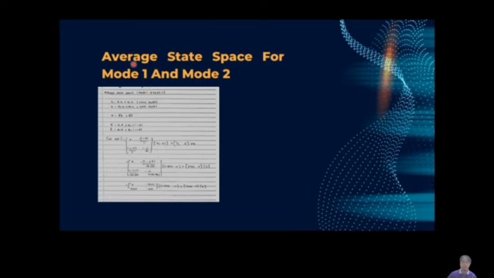And this is the reference state space for mode 1 and mode 2, which are the open loop and closed loop systems. They are referenced together. And that's all from me, Assalamualaikum and thank you. Next I will pass to the next presenter.